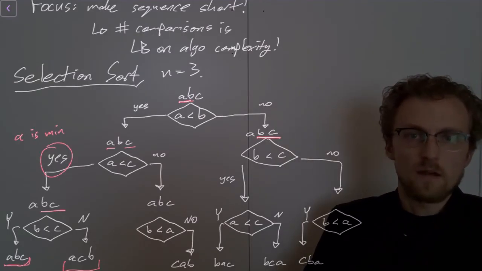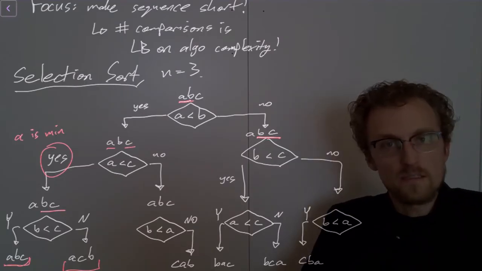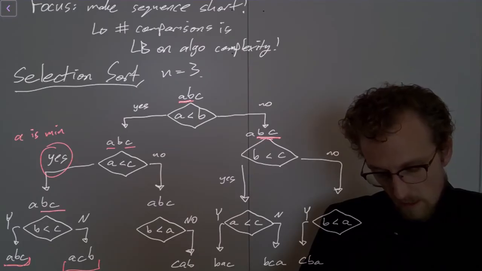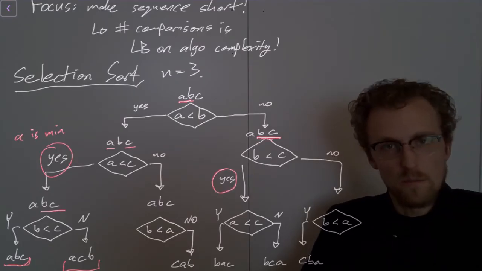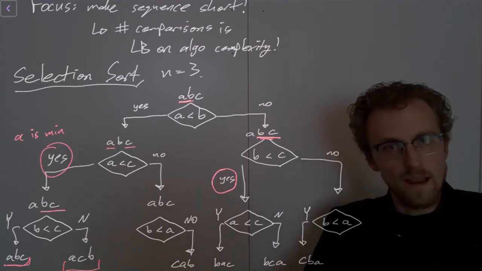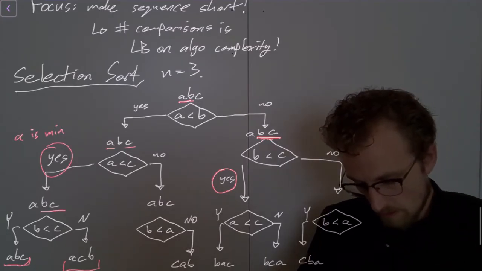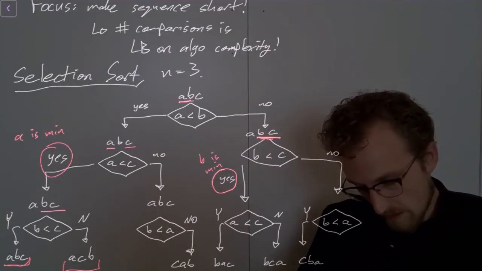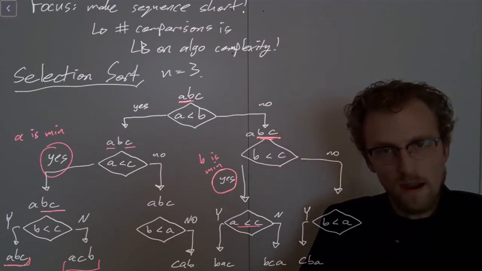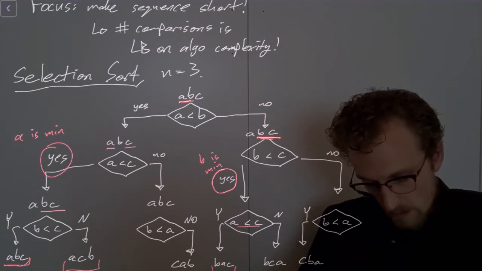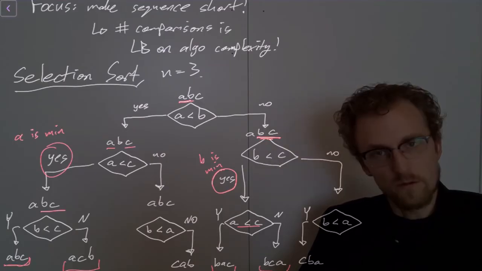Well, we already know that B is smaller than A, and so at this point, we know that B is the minimum element in the array. So now we put B at the front, and we just have to figure out where A and C belong. So we compare A and C. If A is smaller than C, then we return this. If A is larger than C, we return this.